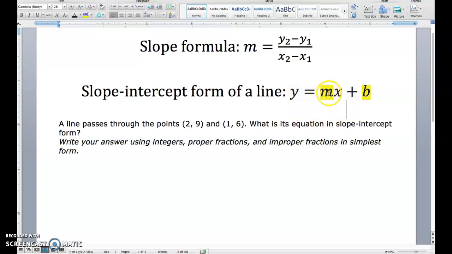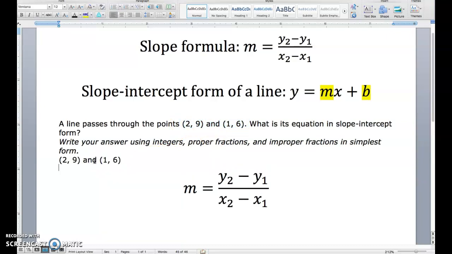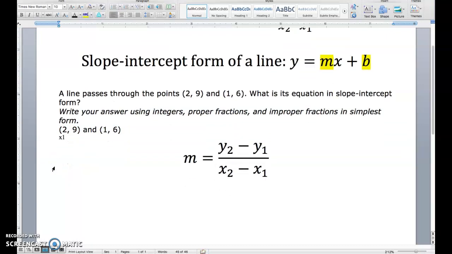So step 1, we always find m. I'm going to copy my slope formula down here, and also the 2 points that the problem gave me: 2, 9 and 1, 6. X1 is my first x value, and y1 is my first y value.